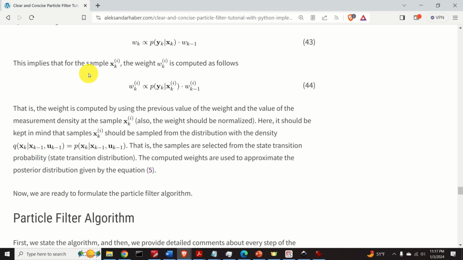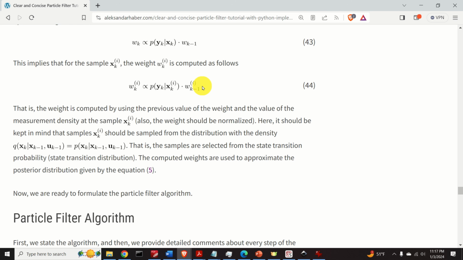This implies that for the state sample xk with the index psi, the weight wk with the index psi is computed by using this equation. That is, the weight is computed by using the previous value of the weight and the value of the measurement density at the state sample xk with the index psi. Also, after we compute the right hand side, this right hand side should be normalized, so keep in mind that.